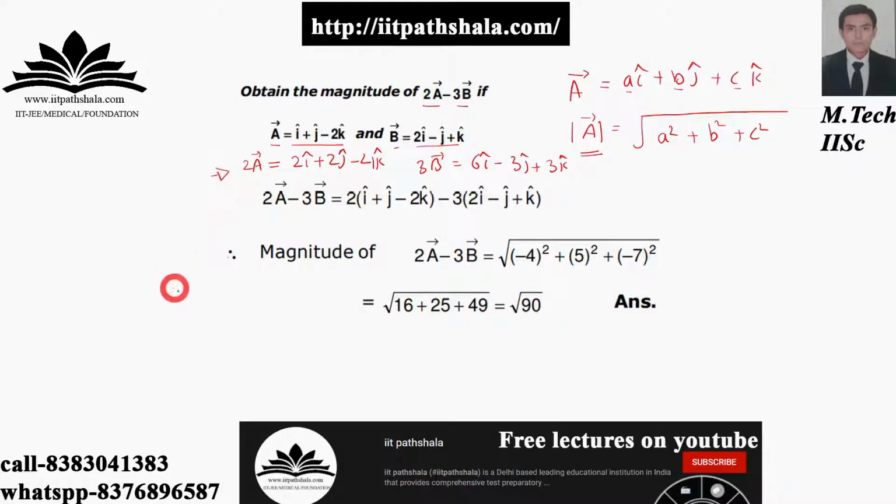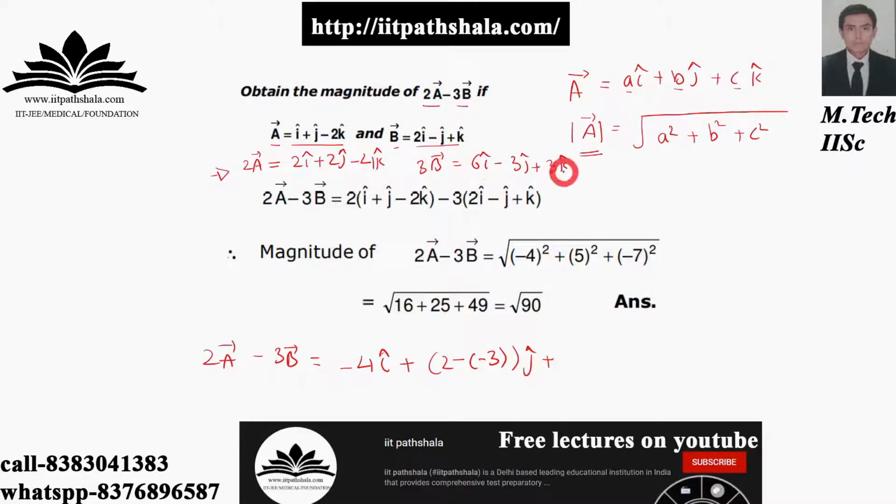Fine, these are the two vectors. Now subtract both of them component wise. So 2A vector minus 3B vector will give you 2 minus 6, which gives minus 4 i cap. I should be subtracted with I only, component wise. Plus 2 minus minus of 3 will give you a 5.